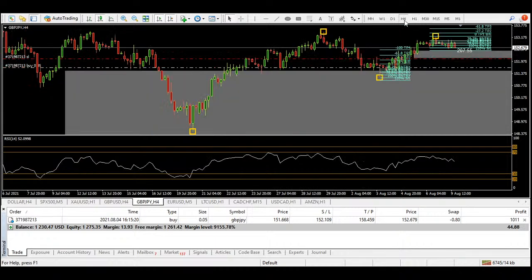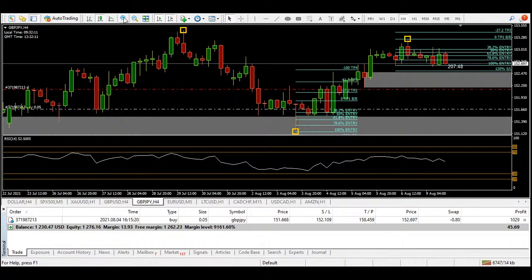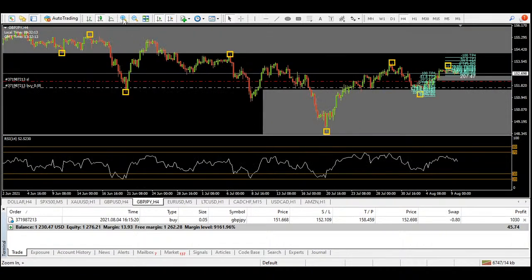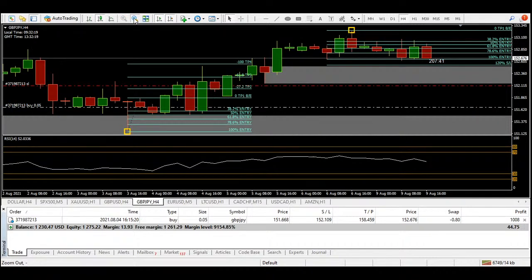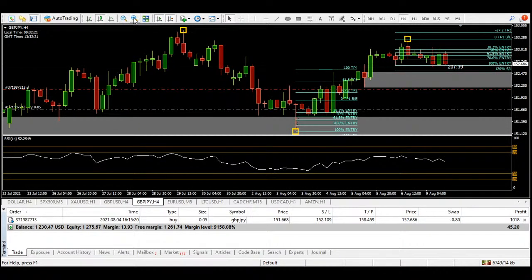Let's take another 4 hour. Got a little while. So we may end up getting that push down to tap that 4 hour demand zone right there.